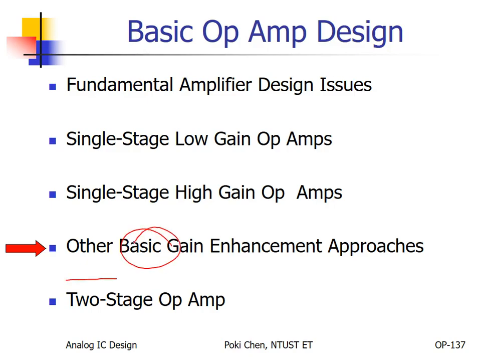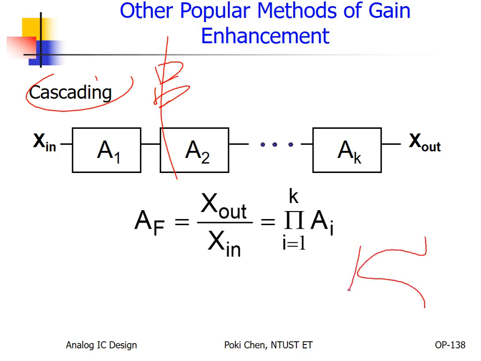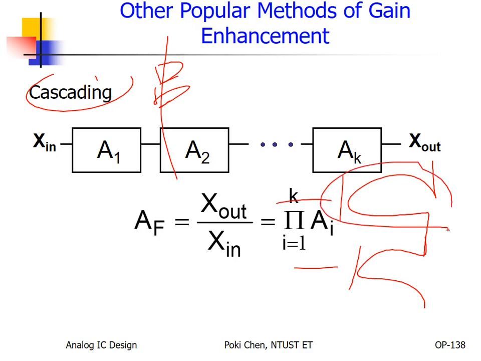Other basic gain enhancement approaches. The easiest way is cascading. Okay, that is not cascode. Cascading means one follows the other. They are connected in series. And how about cascode? I am here, on top of me, it's you. Okay?